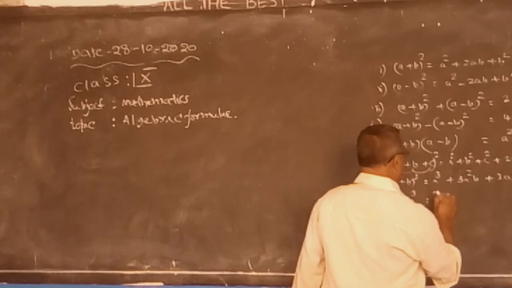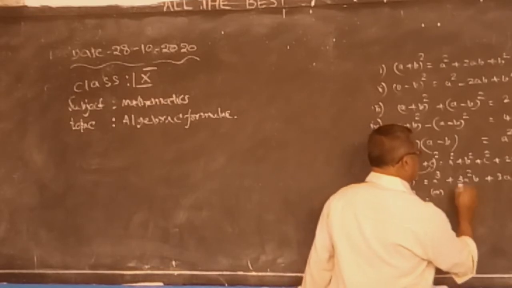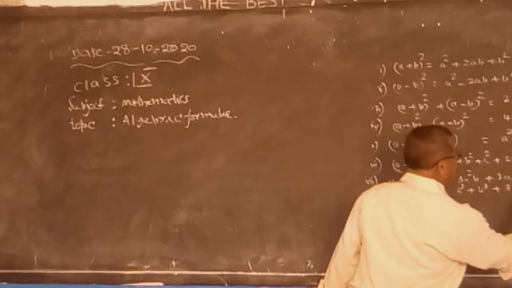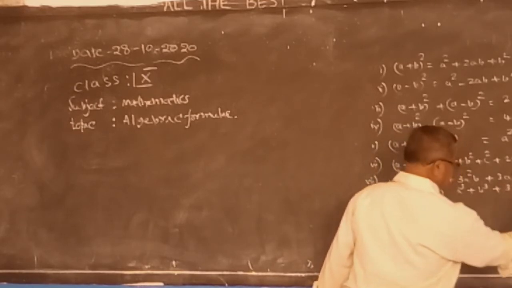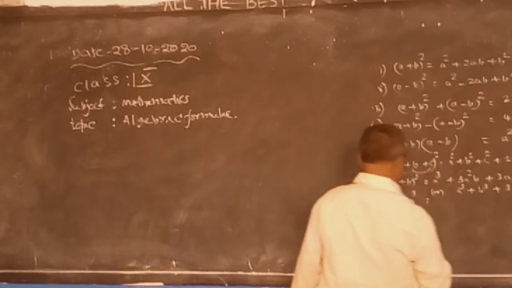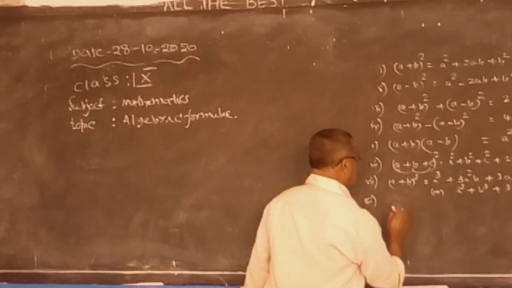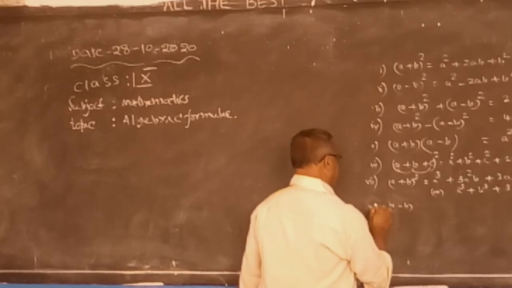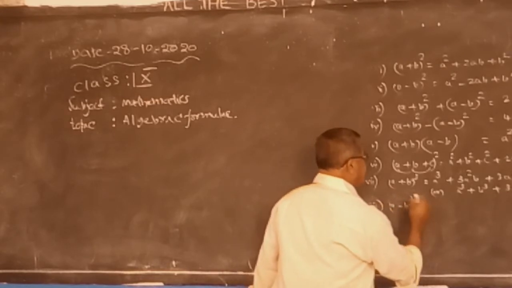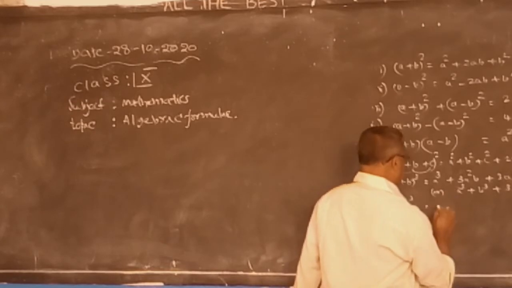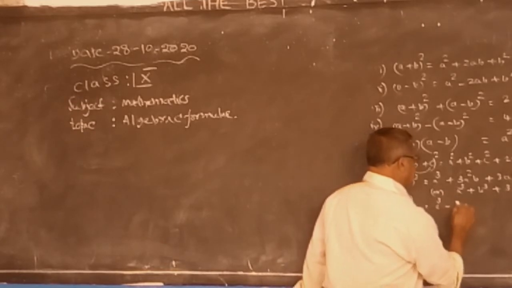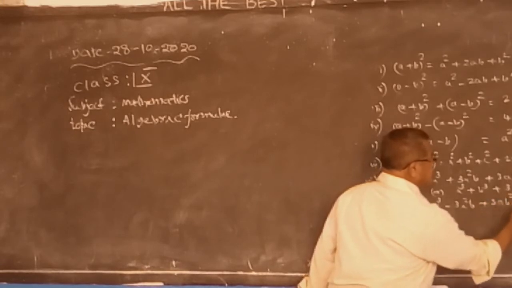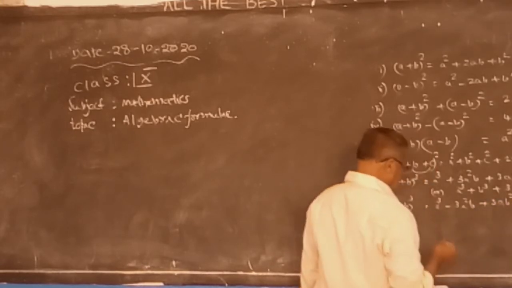Short form, or we can write a cube plus b cube plus 3ab of (a plus b). Also we can write short form for (a minus b) whole cube: a cube minus 3a squared b plus 3ab squared minus b cube.